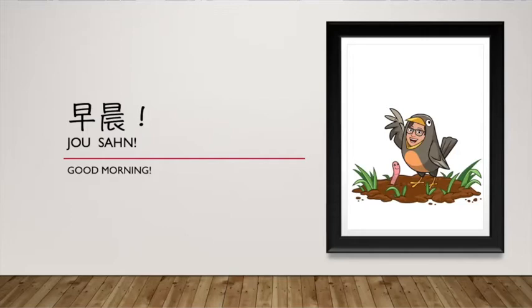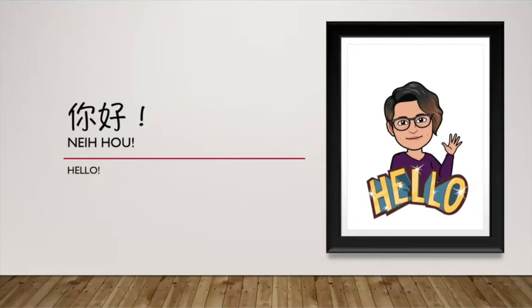We mostly just say 早晨 in the morning, and in the afternoon, or in the evening, we just say 你好,你好. We just say hello. So, depends on what time you see your friends. You could just go and say 你好 to say hello.